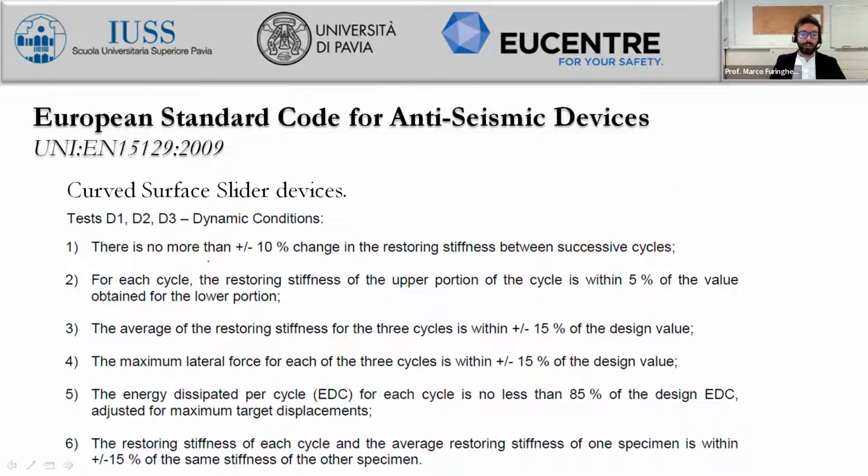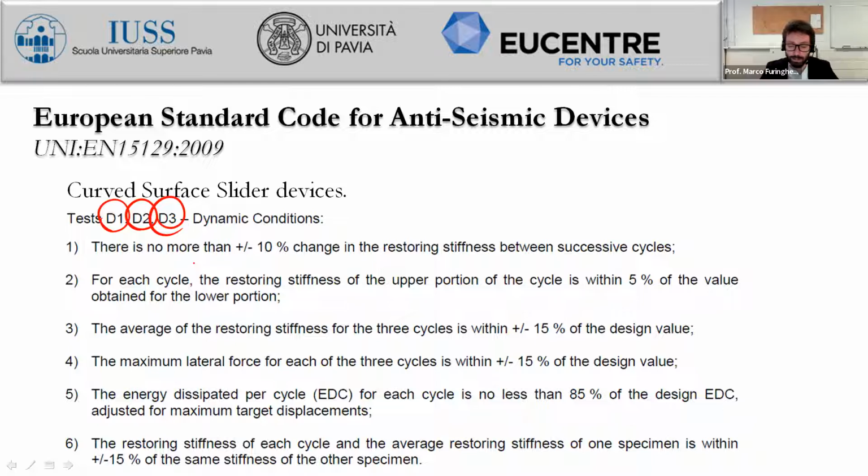And then we have these 3 dynamic conditions, which are actually 3 dynamic tests. We have to check that there is no more than plus or minus 10% change of the restoring stiffness. For each cycle, the restoring stiffness of the upper portion of the cycle is within 5% of the value obtained by the lower portion.